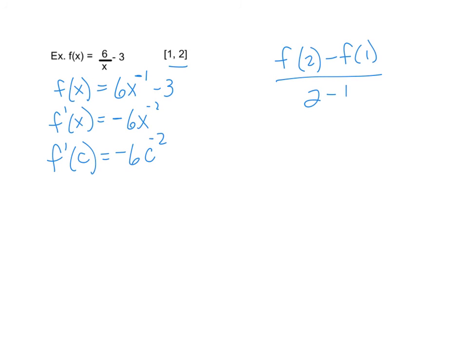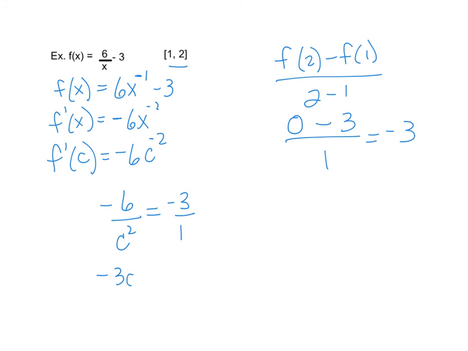F of 2 is 3 minus 3, which is 0, minus f of 1, which would be 6 minus 3, which is 3, over 1. So this is going to be negative 3. So I have negative 6 over c squared equals negative 3 over 1. Cross multiply, so I have negative 3c squared equals negative 6.